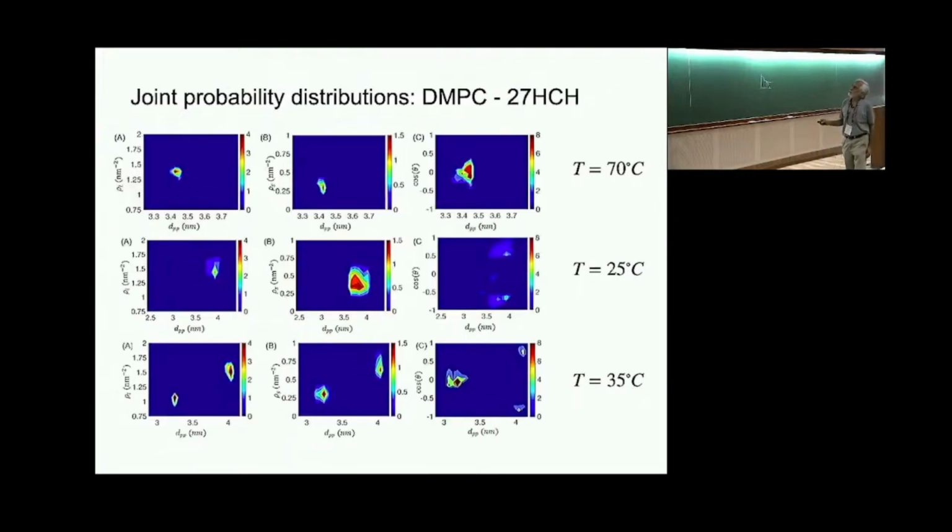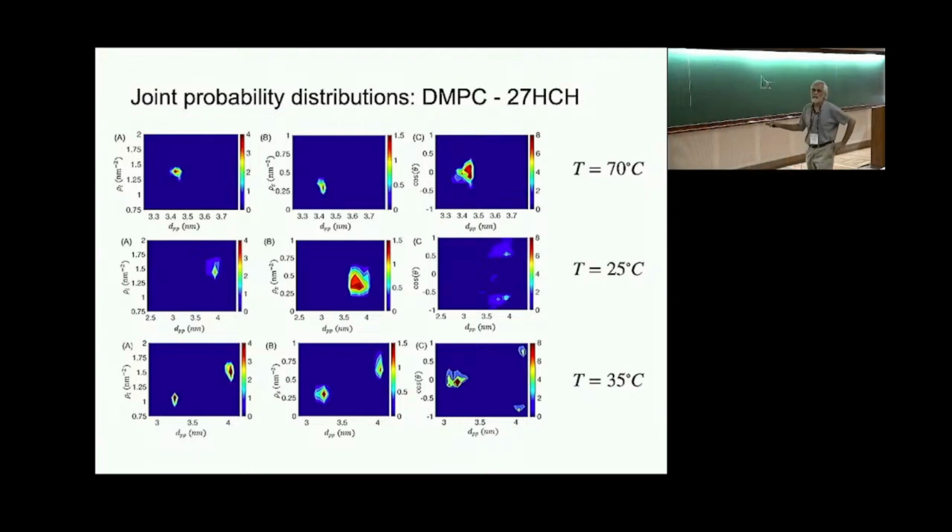Now, if you go to the other system, what we find is that at high temperatures, we see a situation similar to what we find in the case of cholesterol. At low temperature, again, very similar. The only difference is that at low temperatures, it seems to have both cholesterol-like and inverted orientations possible.